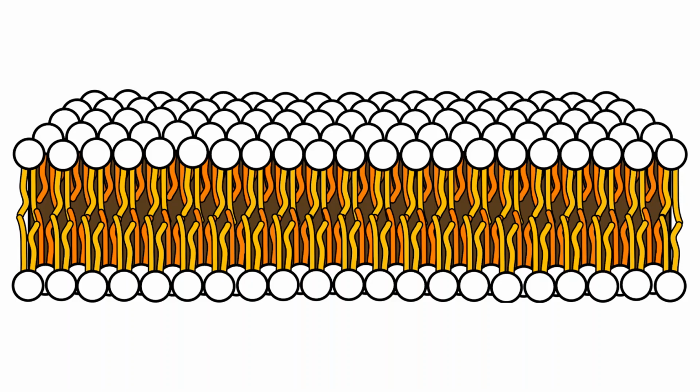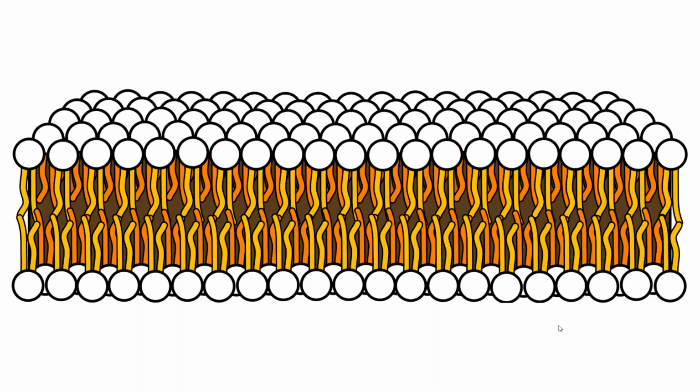On the outside of both sides of the lipid bilayer, you have the hydrophilic phosphate heads, and on the inside, those orangey yellow tails are the fatty acids, the hydrophobic fatty acids. Phospholipids make themselves into this structure just because of their hydrophobicity or hydrophilicity.